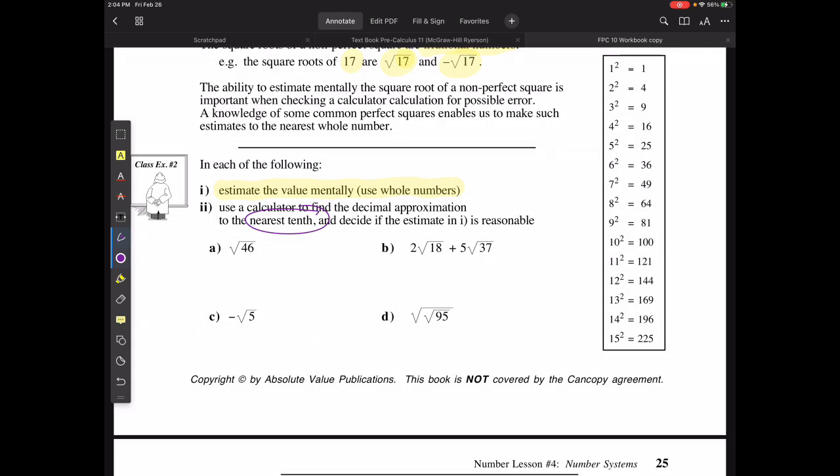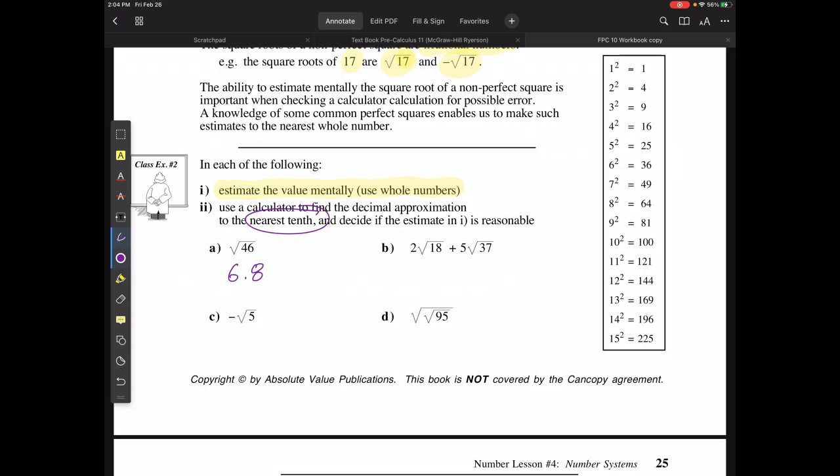If I take the square root of 46, then the square root of 46 is going to be approximately 6.8.